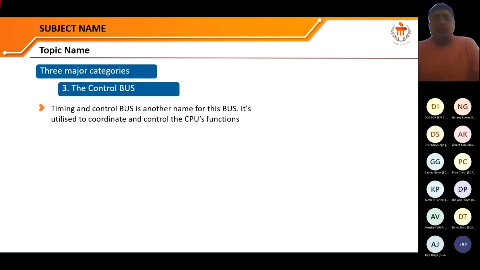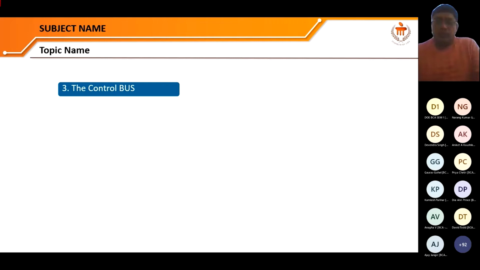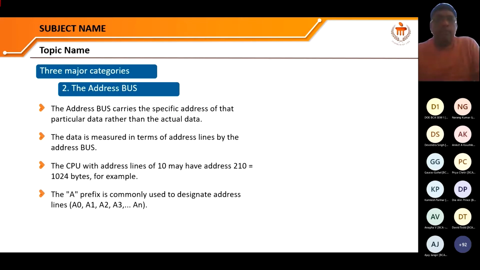So address buses carry data from a specific address, and they can measure in terms of address lines. Here I am giving examples.